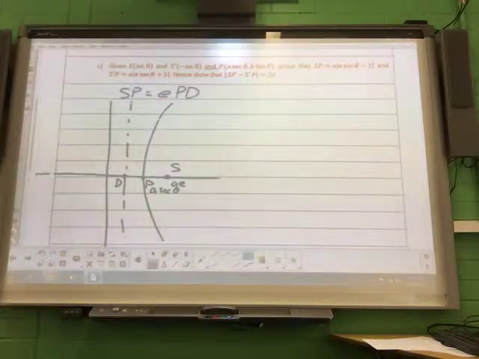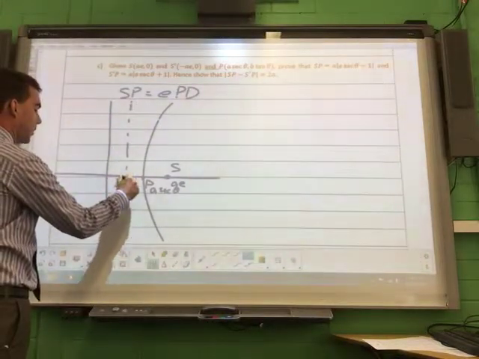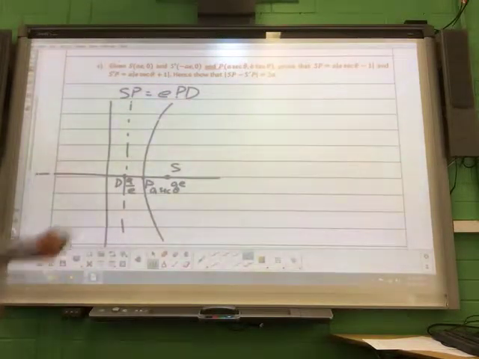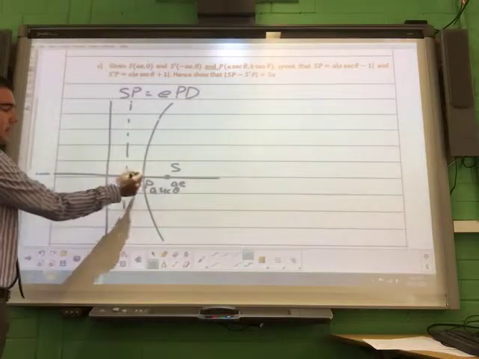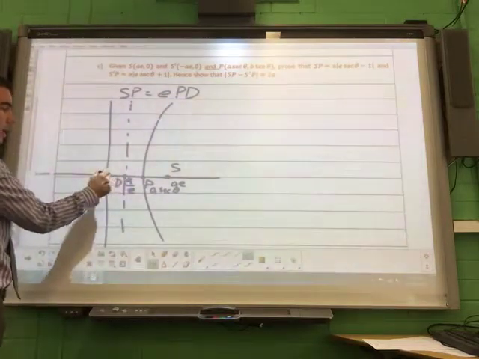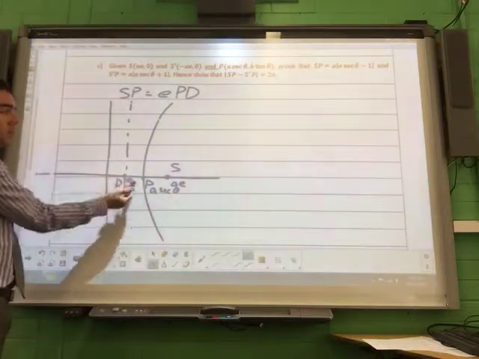Right, so we need the distance PD. The x value of D, which you should know from your directrix, is A over E. If I do the distance from the origin out to P, and then take away the origin to D, that will give me my distance PD.